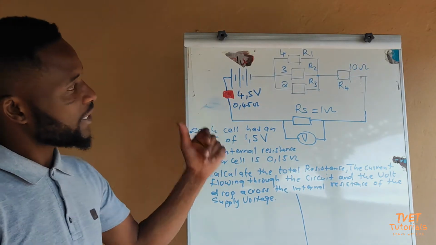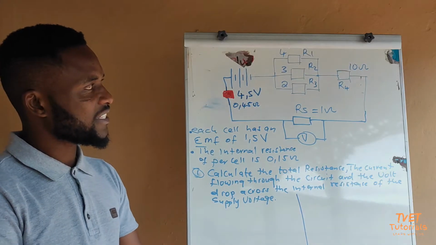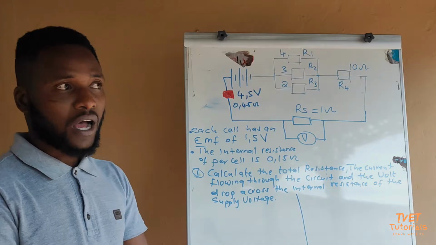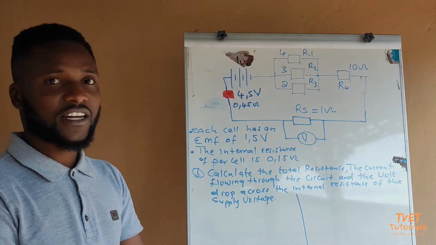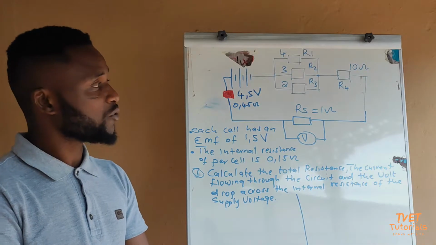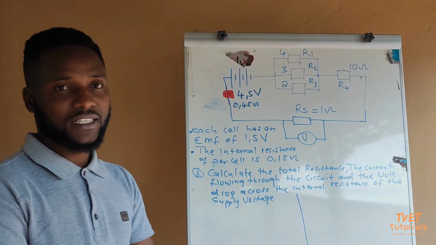To calculate this total resistance, since we are dealing with a series-parallel circuit, you have to know how to deal with resistors that are connected in series, and how to deal with resistors that are connected in parallel.